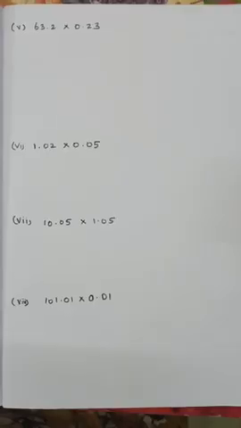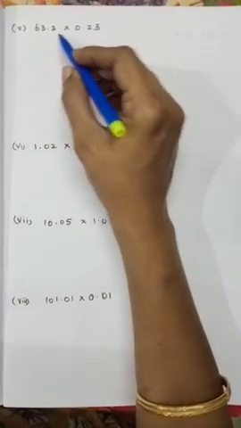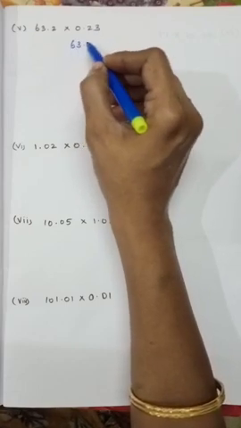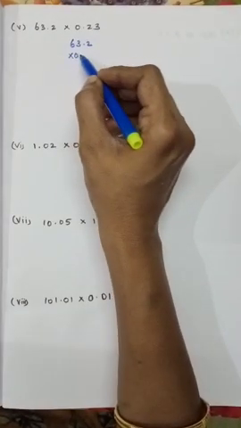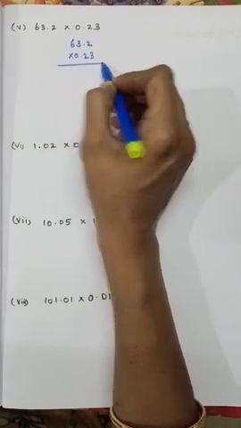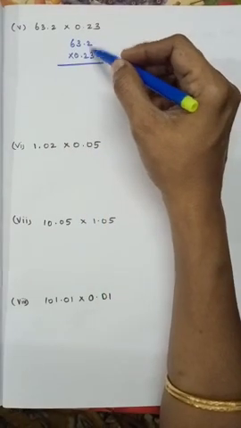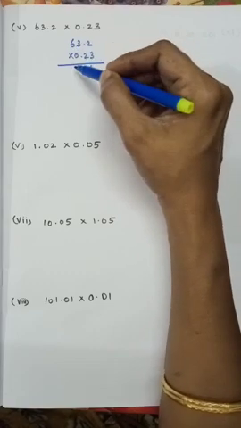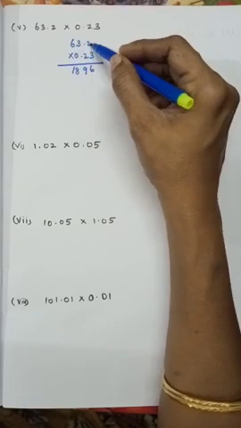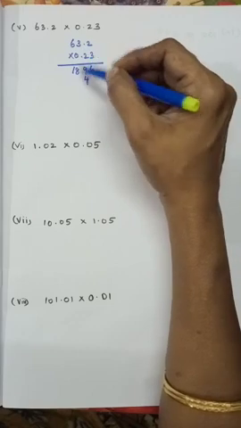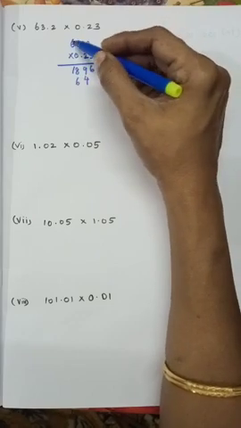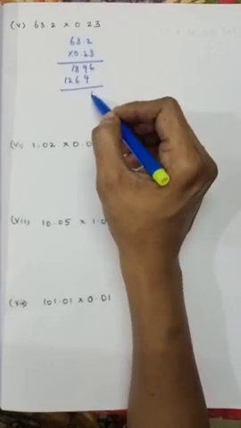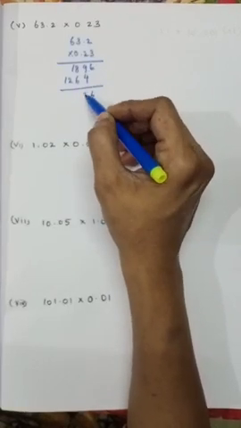Okay. Then fifth problem. 63.2 into 0.23. As usual you multiply. 3 2s are 6. 3 3s are 9. 6 3s are 18. 2 2s are 4. 2 3s are 6. 6 2s are 12. Now you add. 9 plus 4 is 13, 3.